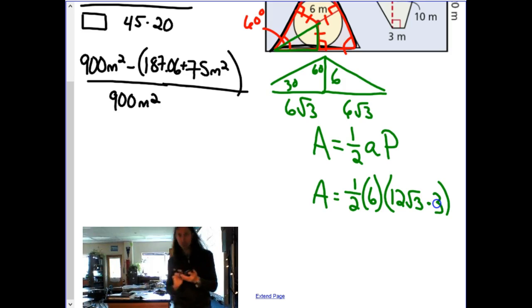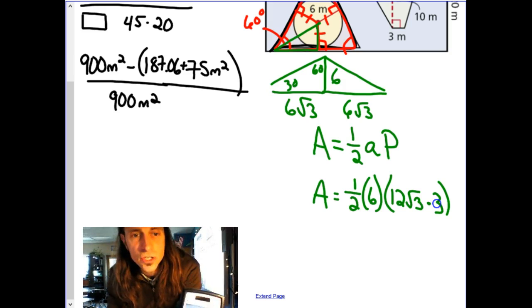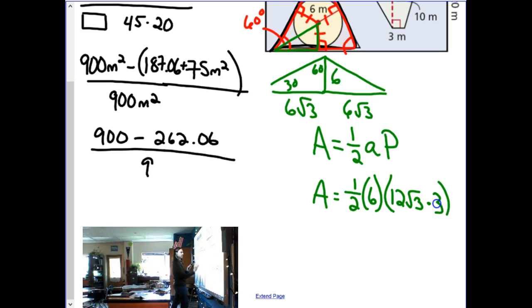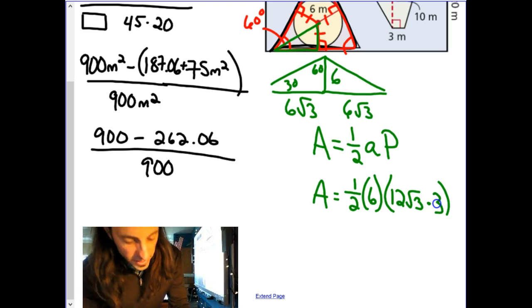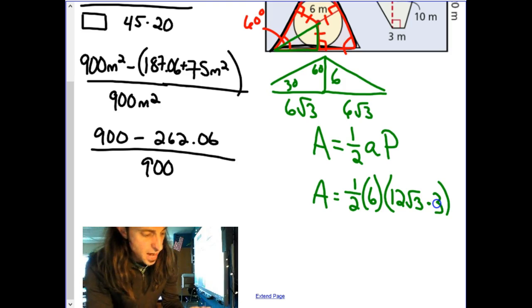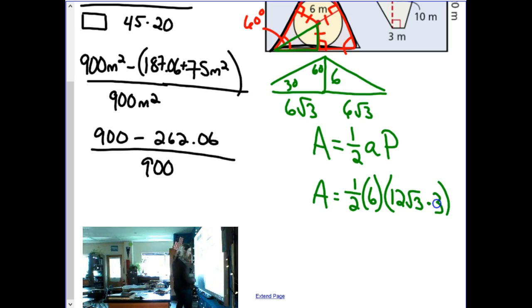I'm going to add 75 square meters to it. I get 262. So I get 900 minus 262.06 over 900. Right, so I do 900 minus that second answer, 637 divided by 900, and I get 0.7088.